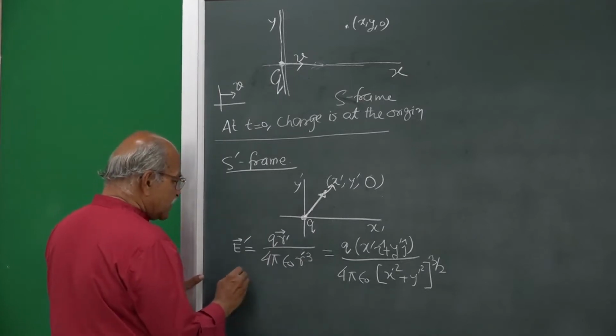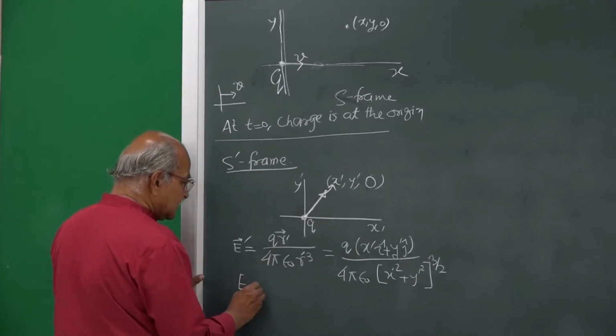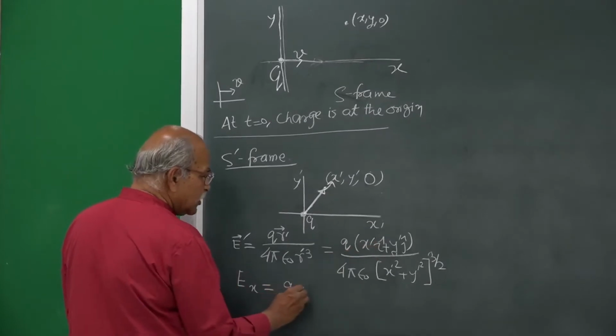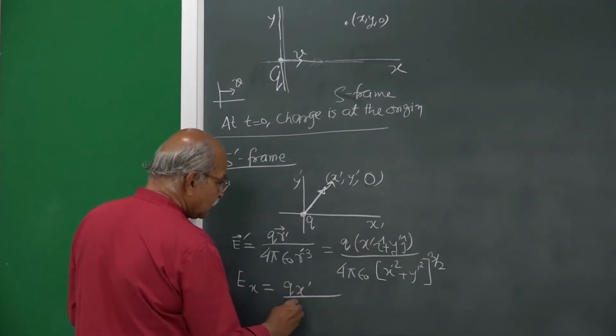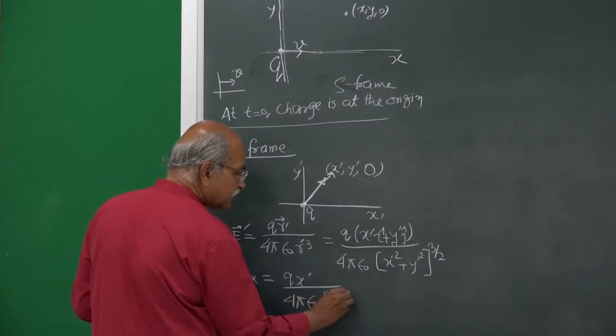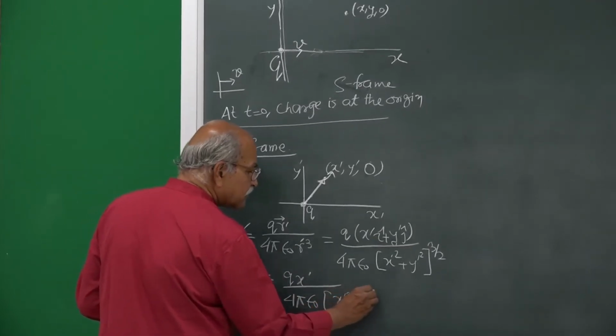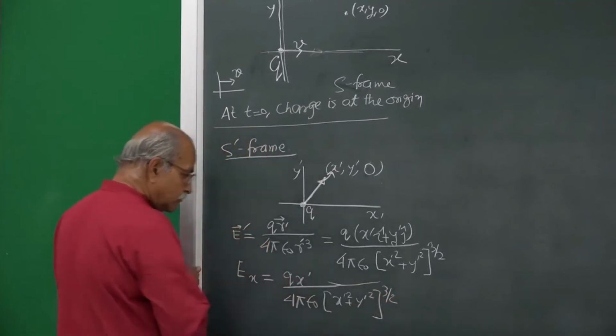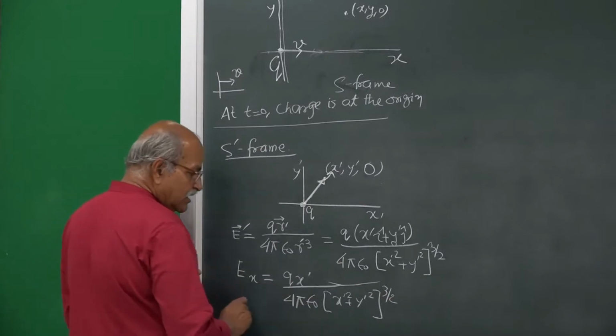So, you can write what is Ex. Ex prime is equal to i cap component, q x prime by 4 pi epsilon naught, x prime square plus y prime square power 3 by 2. What is Ey?